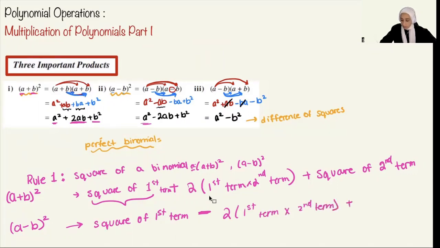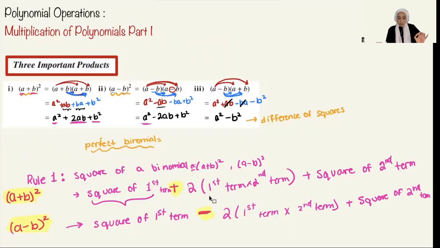And I add the square of the second term. So the only difference between these is basically that subtraction that we just talked about. This is the only difference between doing the square of a sum and the square of a difference, okay?